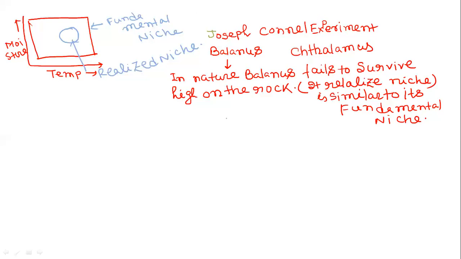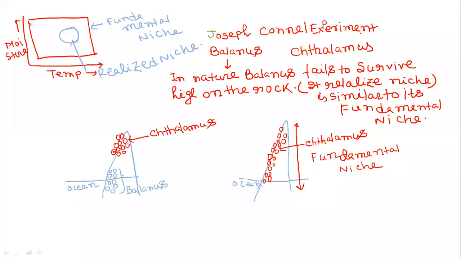Now here in the rock, you can see that Chthamalus is occupying the upper stratum of the rock and Balanus is occupying the lower stratum. When both species, Balanus and Chthamalus, are present, they have a specific niche separation, one present in the upper stratum and another in the lower stratum of the rock.